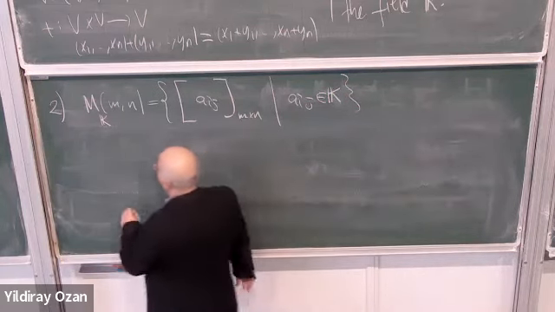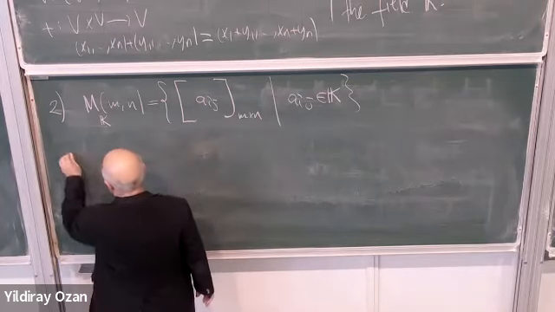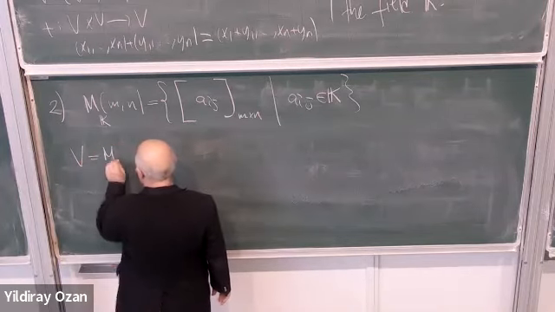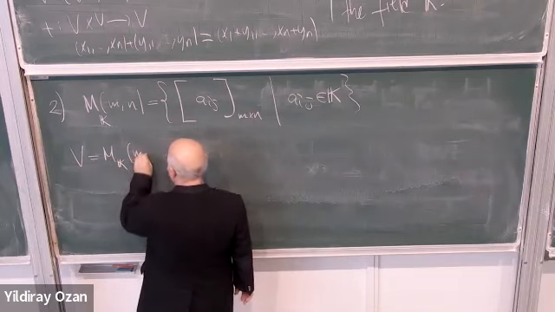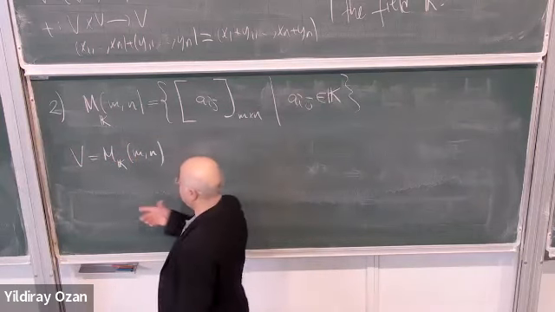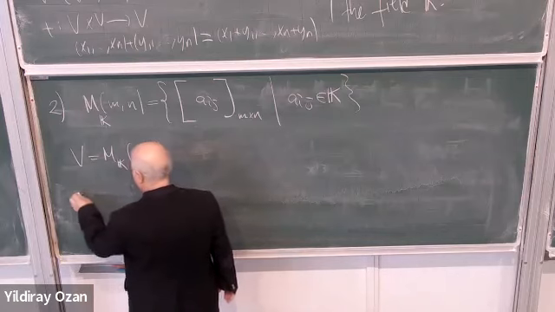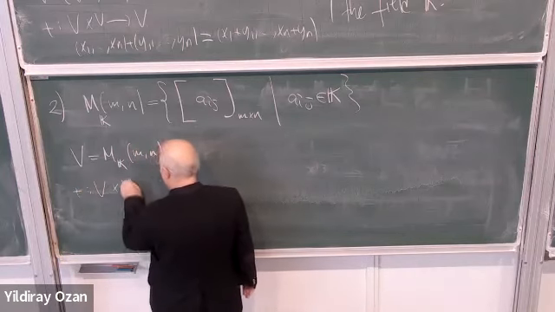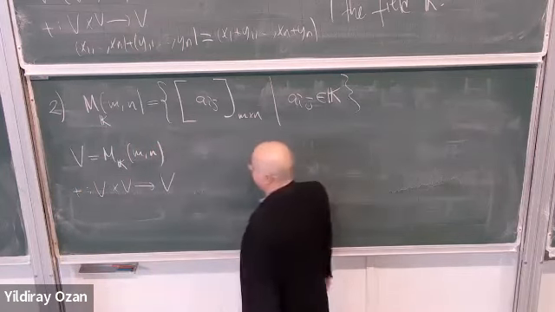This is also a vector space. Let me call it stage 3. What is the addition? We know how to add two matrices, right?